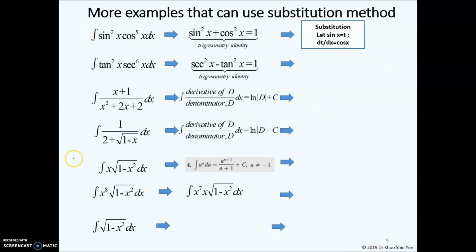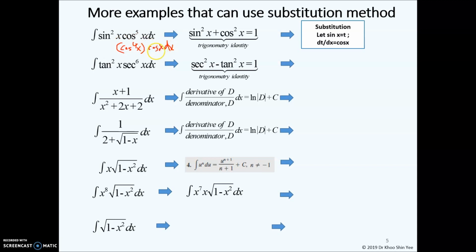These are some additional examples where we can use substitution to solve the integration. For the first case, you have cos to the power of 5x here. You can simplify it into cos to the power of 4x times cos x dx.